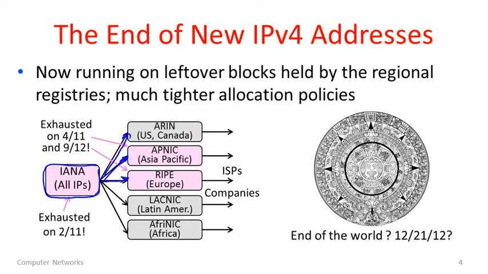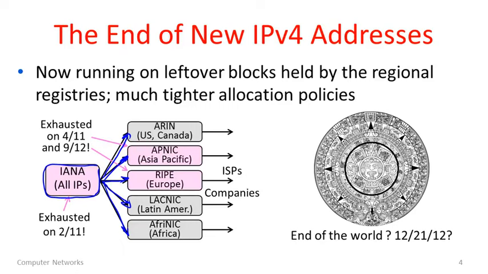These other bodies, ARIN, APNIC, RIPE, LACNIC, and AFRINIC, you might have heard of or you might not. These are regional bodies that administer IP addresses in different parts of the world. ARIN is for the US, Canada, and various other bits of the world. I think Antarctica, for instance. RIPE covers most of Europe, and you can see all of the other bodies for Latin America, Africa, and the Asia Pacific region. APNIC covers Australia, of course.